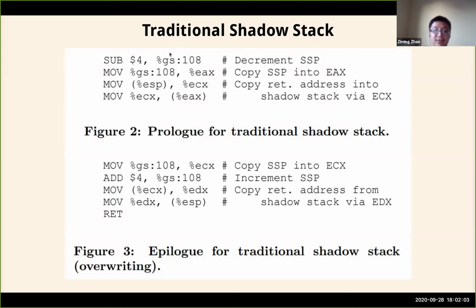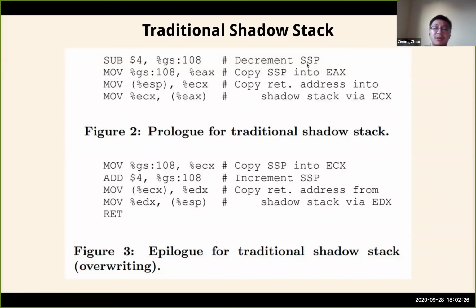How do we get the variable? We use GS:108, and usually this is a fixed one because we use a different address for different purposes. Then we subtract 4. This one somehow acts like our shadow stack pointer. That's why it's not a register.